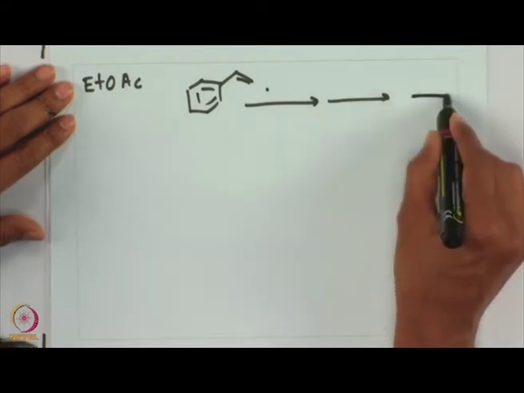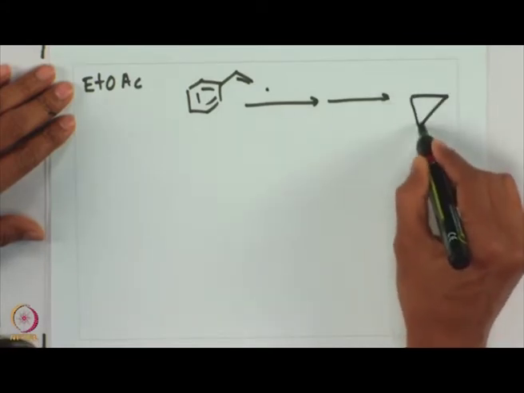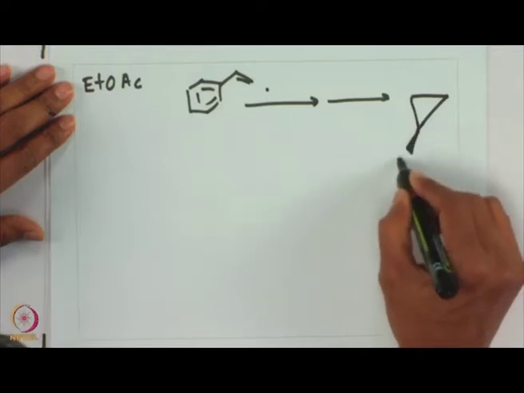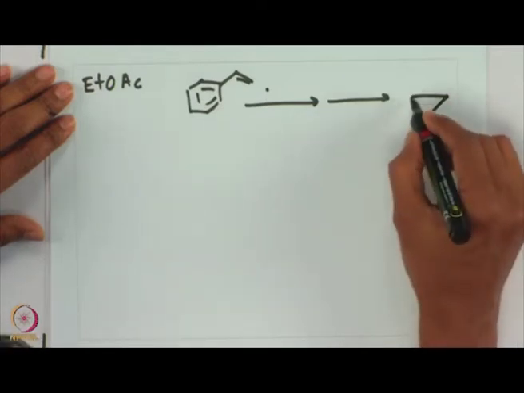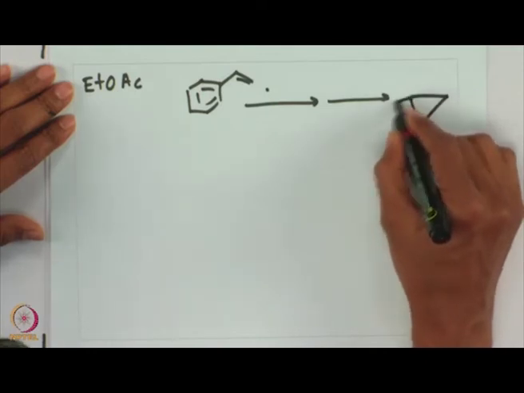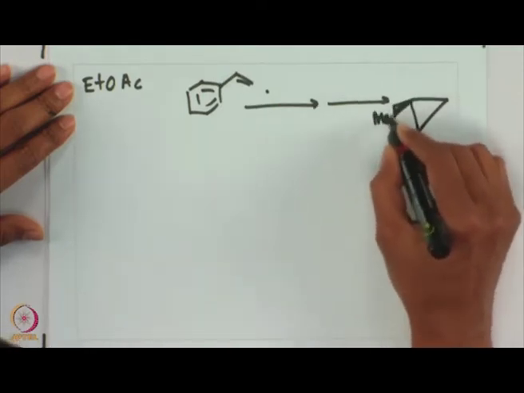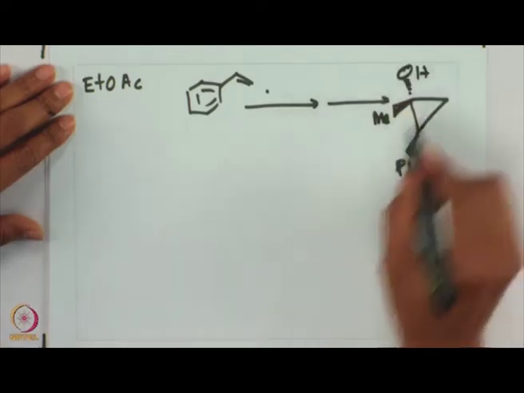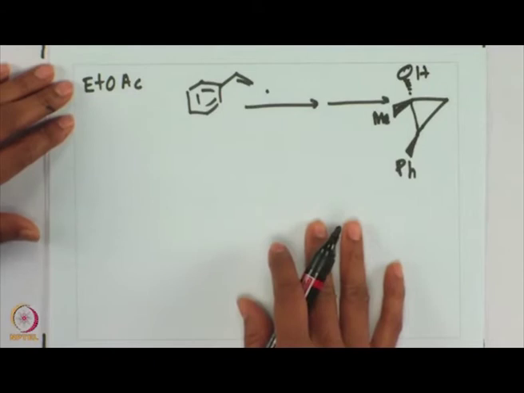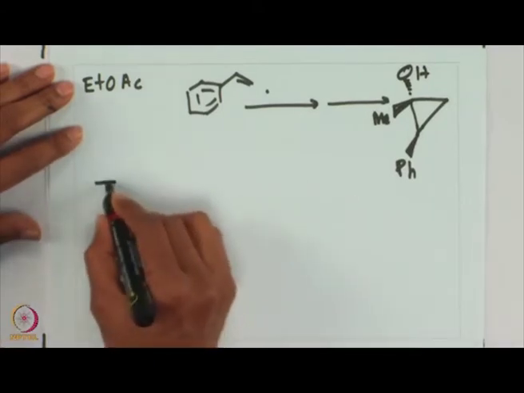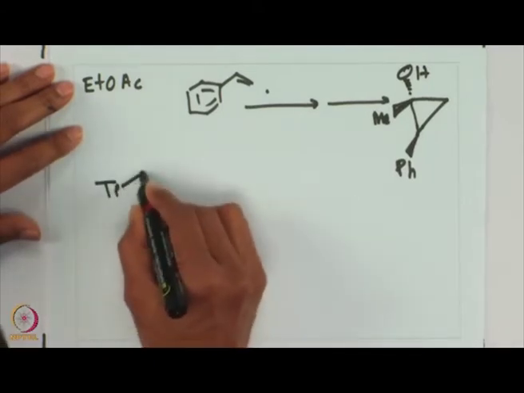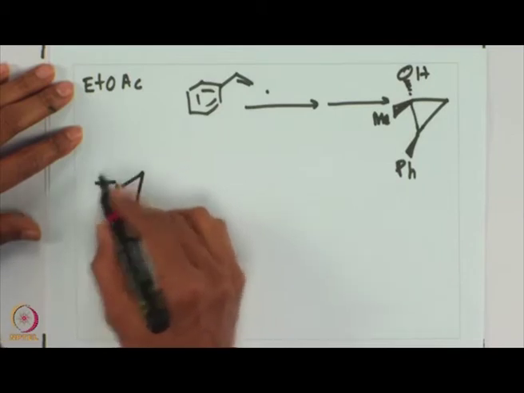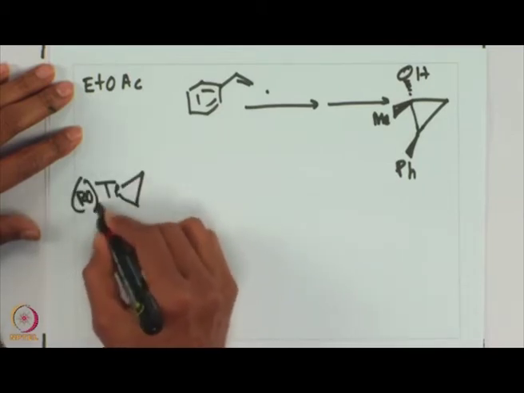From this Kulinkovich reaction we get an intermediate with cyclopropane formation, with the methyl coming from the ethyl acetate, and this hydroxy, in 42% yield. Now, this is again starting from a titanium cyclopropane-like intermediate.